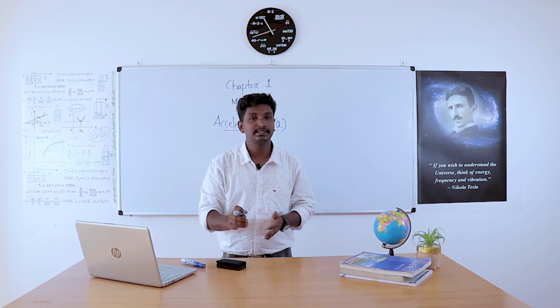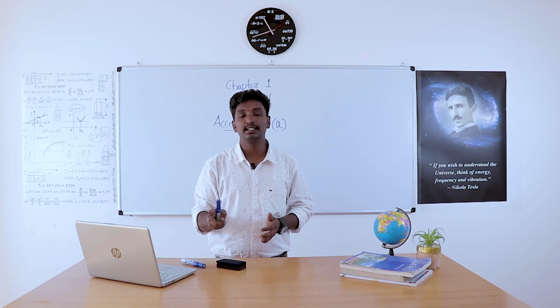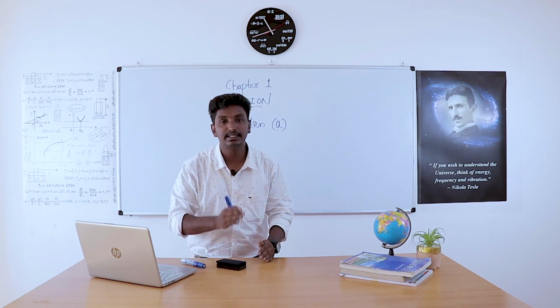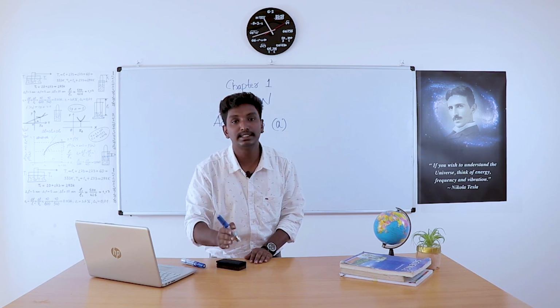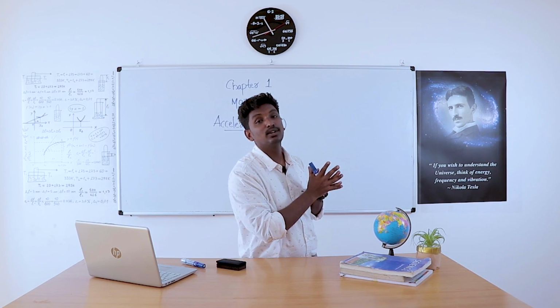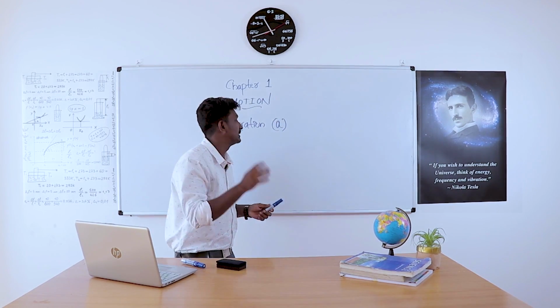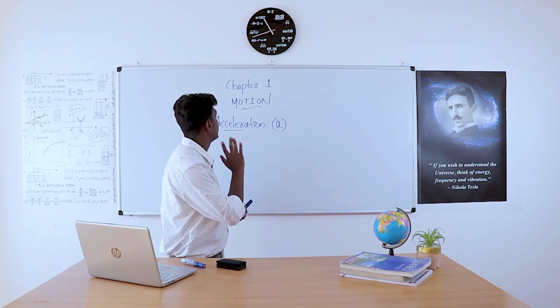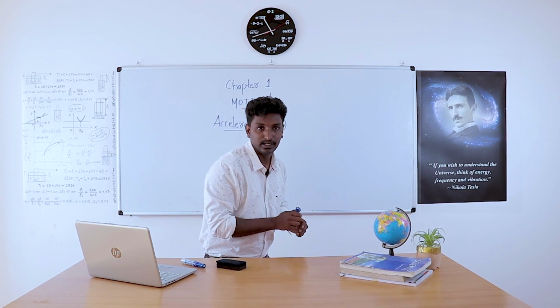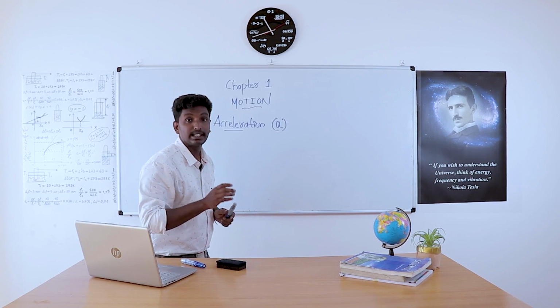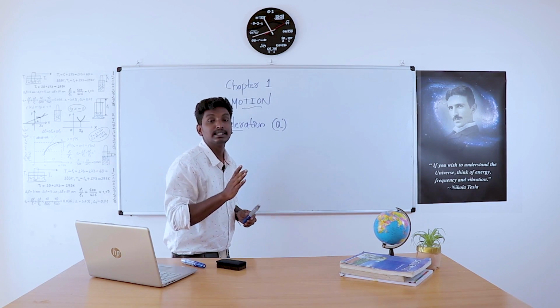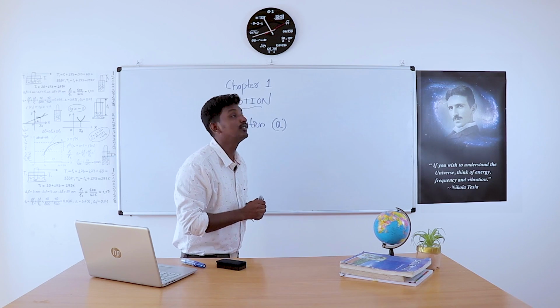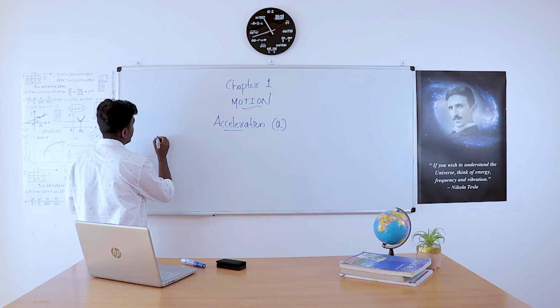If an object has 2 meter per second square acceleration, it means that the object is changing its velocity at the rate of 2 meter per second. If it is changing at the rate of 2, then acceleration is 2 meter per second square. Therefore, acceleration can be defined as the rate of change of velocity.